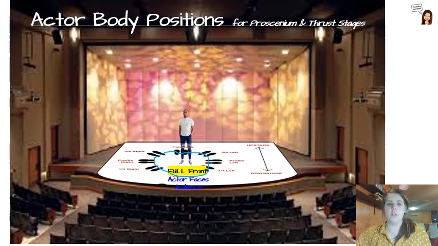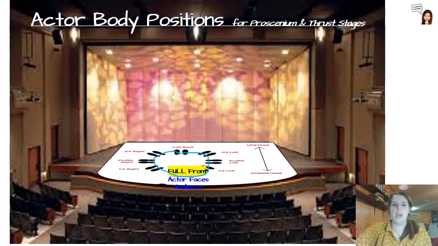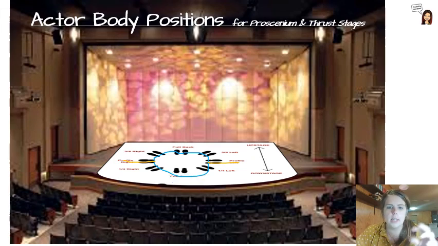So now that we've covered the fulls, let's get into the profiles, okay? The profiles, I'm going to highlight those in yellow. The profiles are located right here and right here. The profiles are the positions in these directions that only give you one side of an actor.